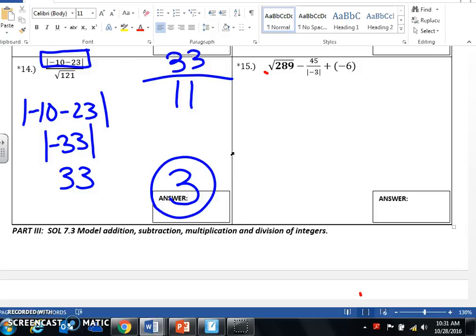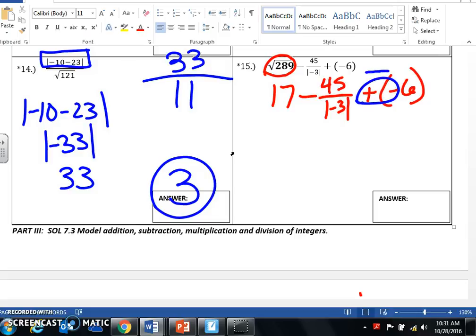Over here, I'm going to start off by saying the square root of 289. I should know that the square root of 289, because we've been doing our triangles for a hot minute, is 17. But if not, use your calculator. I'm going to change that to a minus. I'm just going to rewrite it because I don't like seeing double signs.